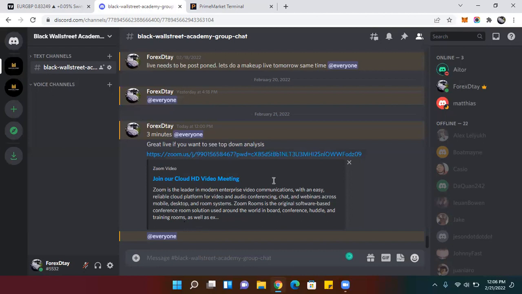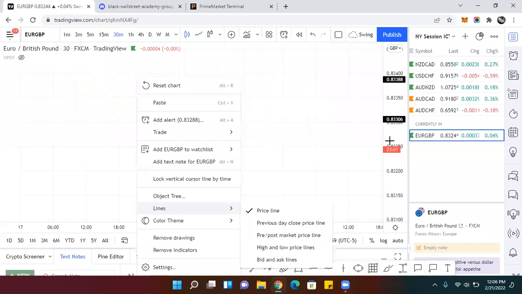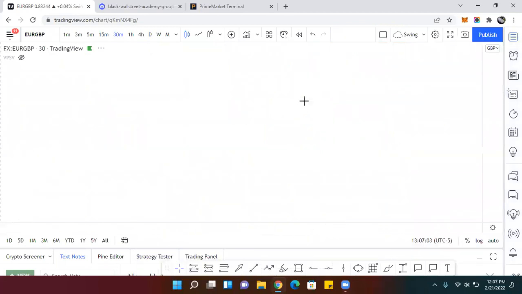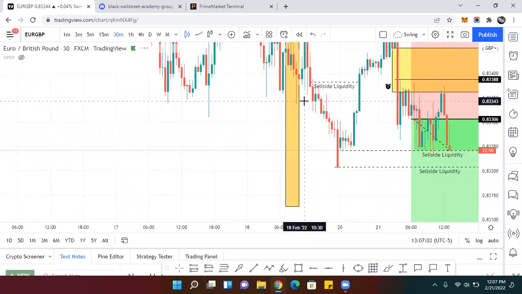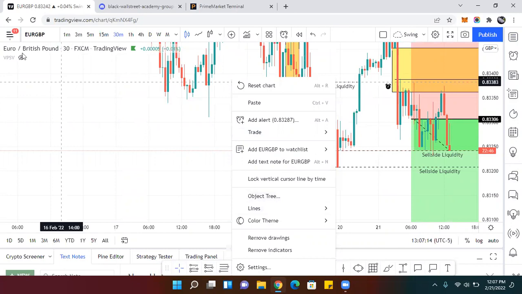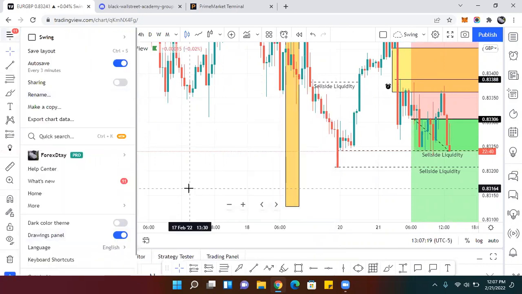Let's give everybody maybe 2 more minutes, and then we're going to do some breakdowns. Let me let this load. I can't remember how to hide here. I think it's in here. Give everybody 2 more minutes. Intraday approach.